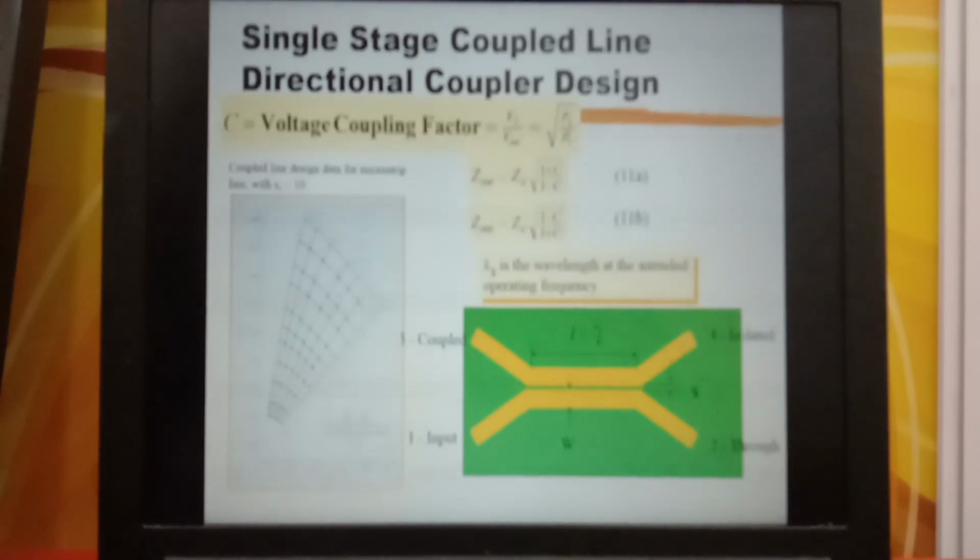If we follow the line to this side, we will get W over D. And then for the same point, if we follow the line to this side, we will get S over D, where S is the spacing between the two lines and D is the thickness of the board.